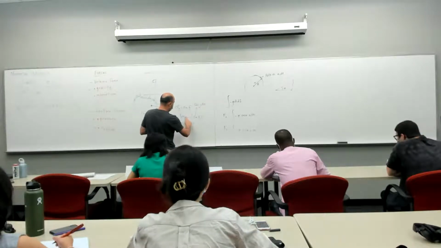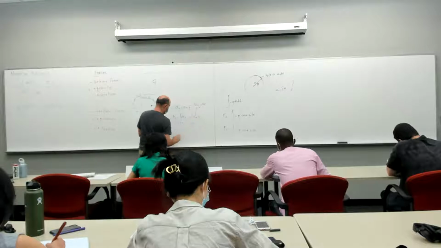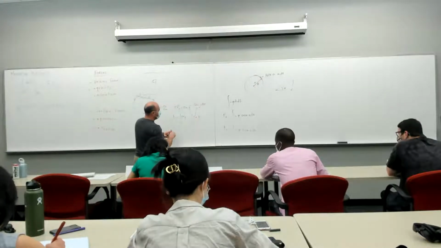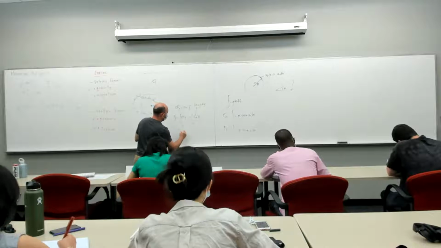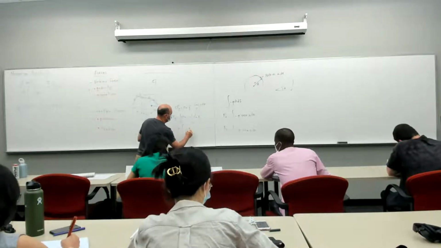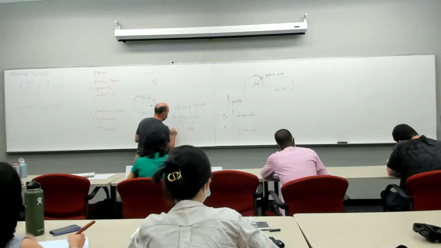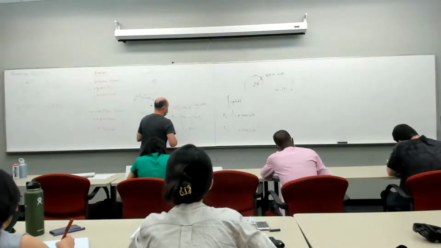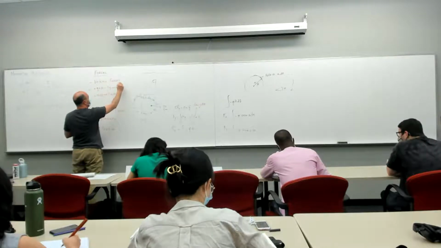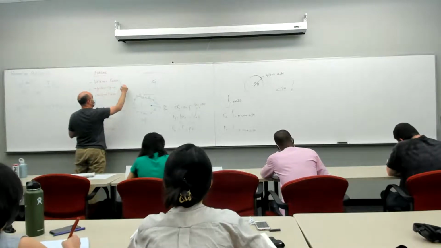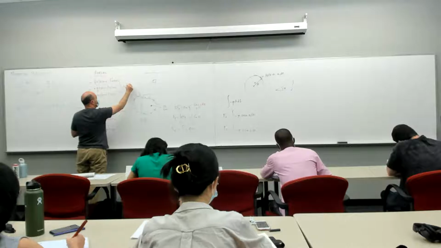Sorry, integral of delta Fg. There's no dV over here. Apologies. Yes, delta m g, and that's where you get the dV from. So you get the integral of rho g dV. That's the force of gravity. Gravity gives us the integral over the control volume of rho g dV.